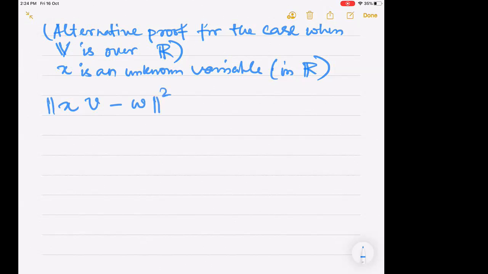By definition, this must be greater than or equal to 0. But this is what? This is <xV minus W, xV minus W>.